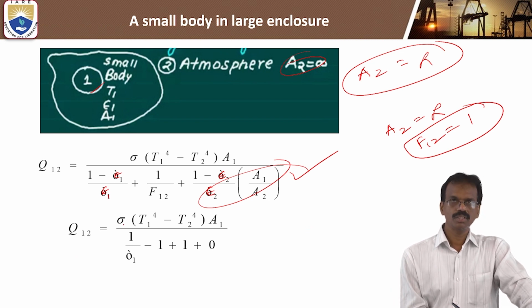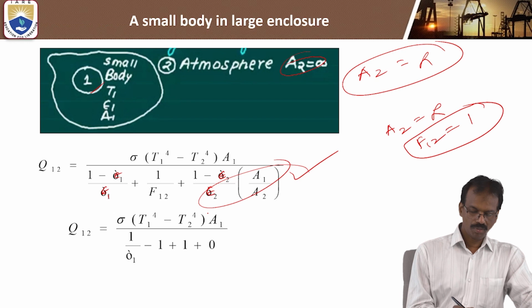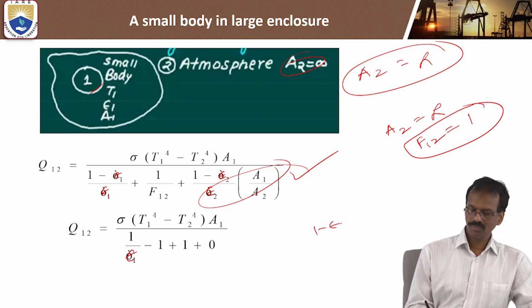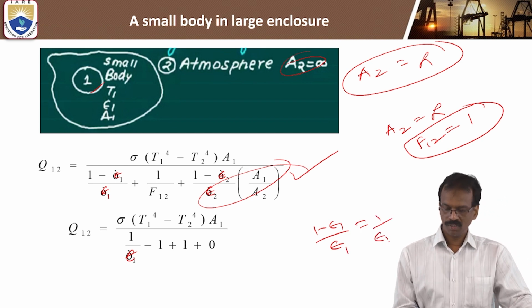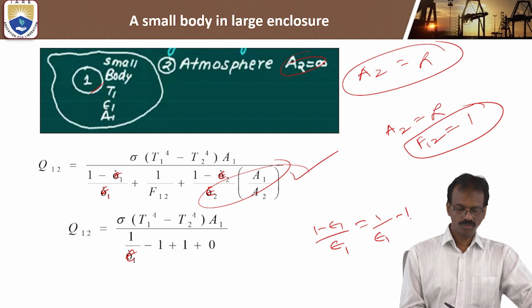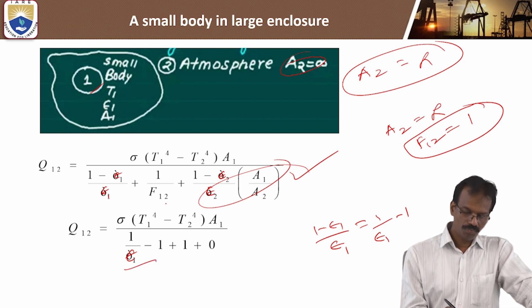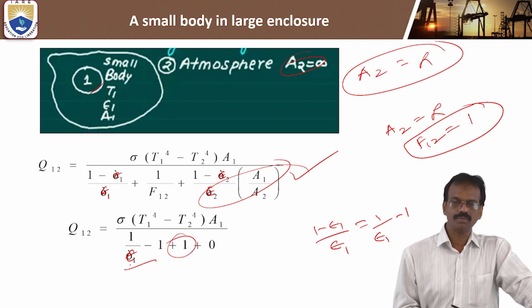Then the final formula will be Q12 equal to sigma A1 into T1 to the power of 4 minus T2 to the power of 4, divided by (1 minus epsilon 1) by epsilon 1, which is 1 by epsilon 1 minus 1, plus F12 value of 1.